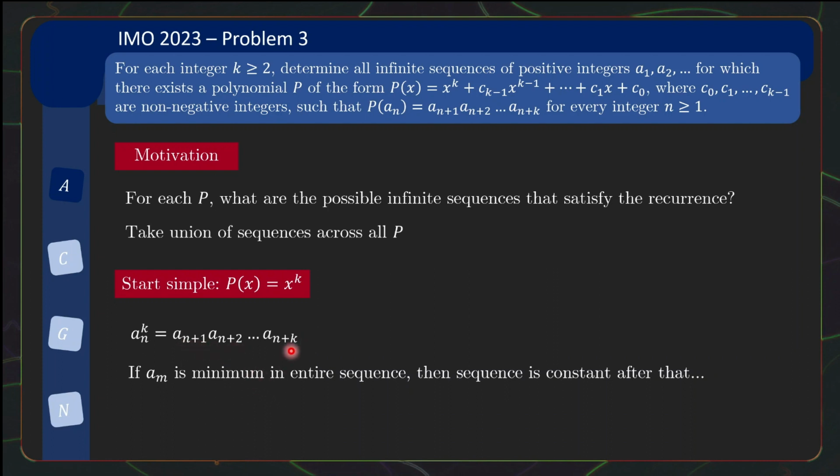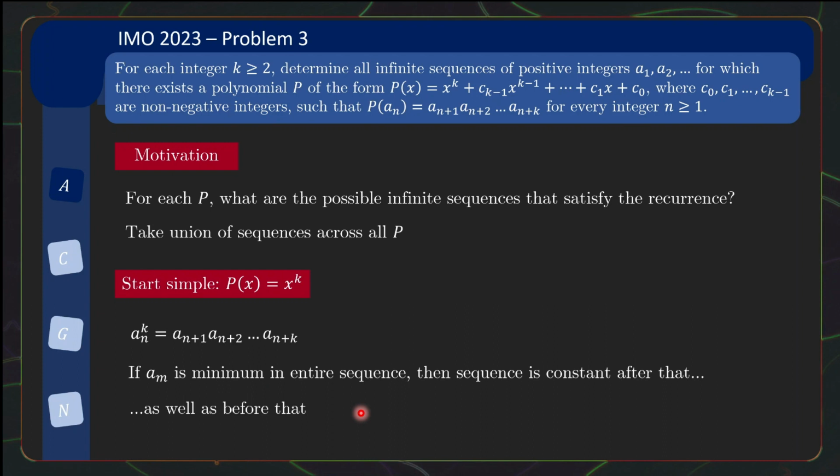You cannot have anything that is strictly greater than, because then it will violate this equality. So this forces the next k terms to be equal to a_m. And you can repeat this logic forward to show that the sequence is constant after that. And similarly, you can repeat the logic backwards by sliding the window one at a time. You can very easily show that the sequence is also constant before that.